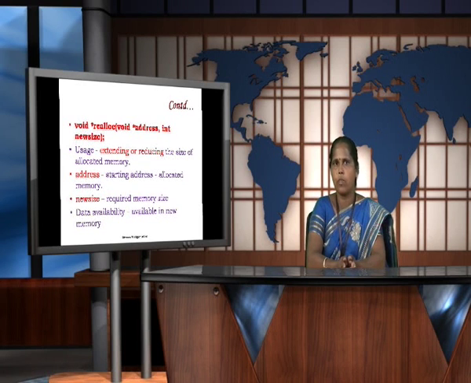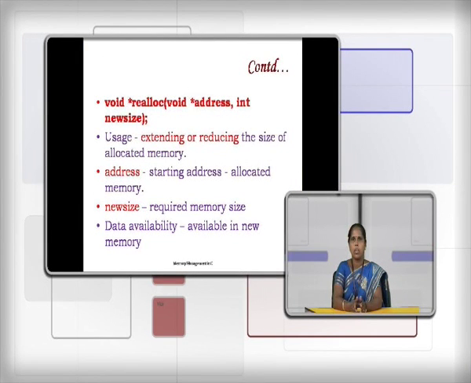The benefit of realloc is this: suppose we already allocated and stored some data in that memory area, and in future we want to expand it to store additional data. If we allocate new memory with either malloc or calloc, it is not possible to keep the data we already have.